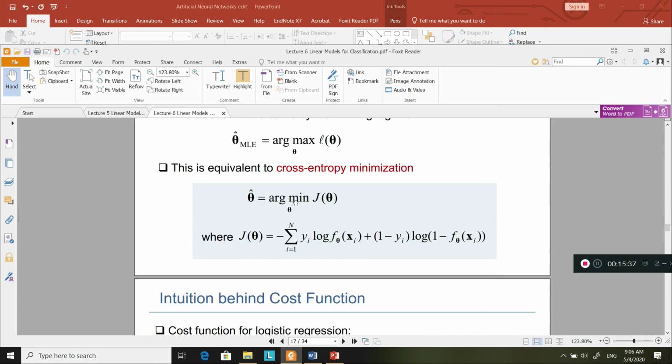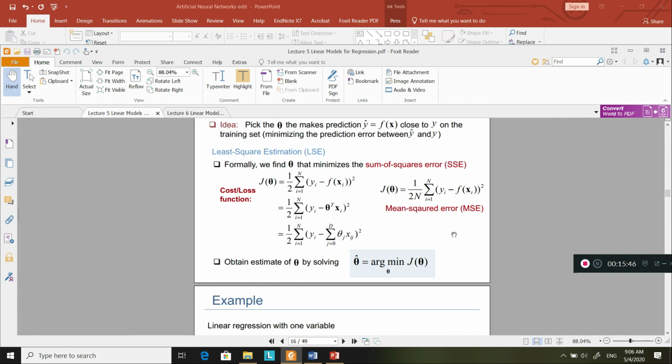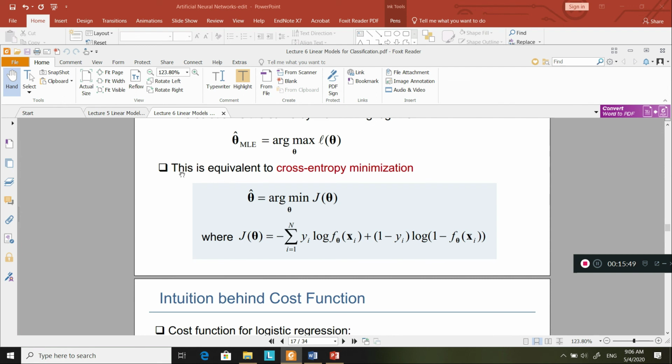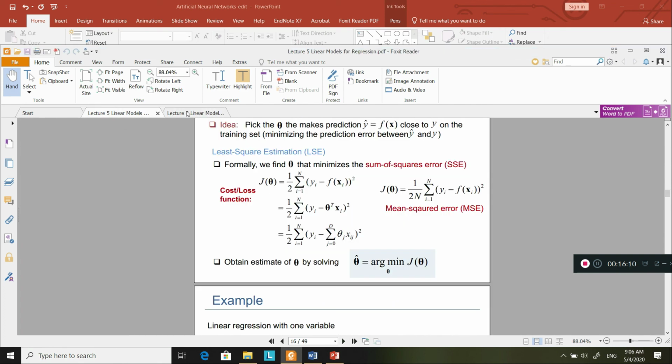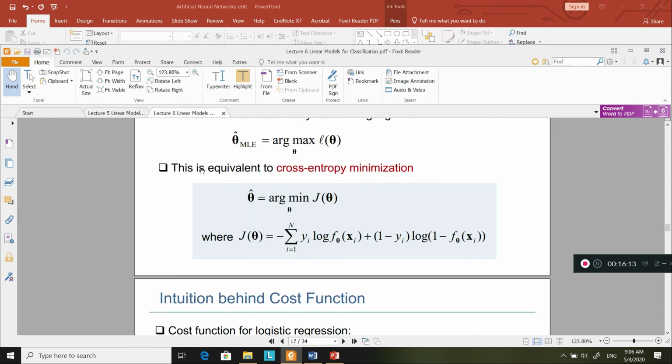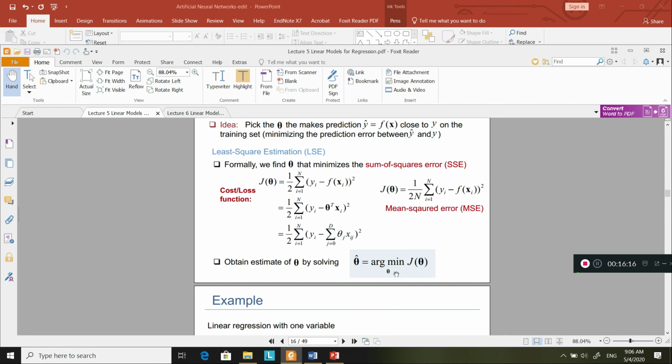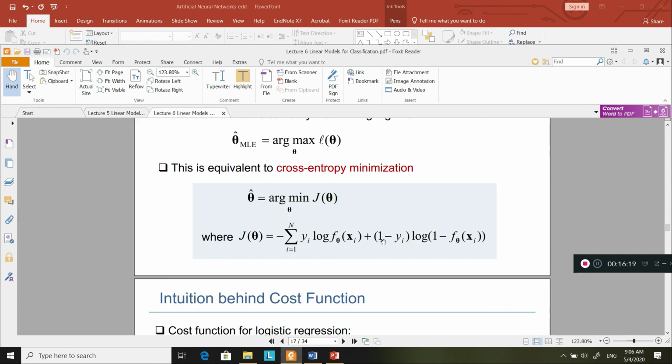But in my lecture later, you will see that even for classification in neural networks, I use the MSE cost function, because I don't want to expose you to too many techniques or approaches in minimizing the cost function. Since the neural network itself is very big and complicated, I reduce the scope instead of exposing you to several techniques: one is MSE, another is maximum likelihood.